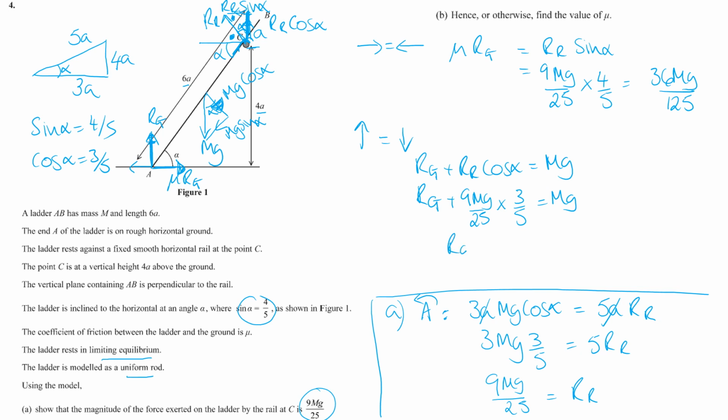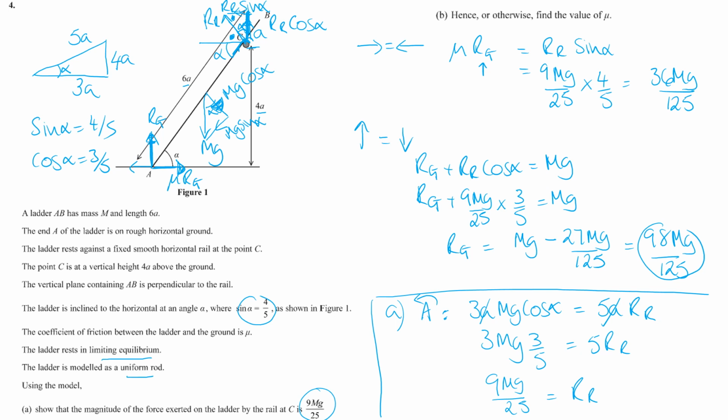So Rg is going to be mg take away 27 mg over 125. Now if you think you've got a whole mg minus that fraction of mg, so that's going to come to 98 mg over 125.